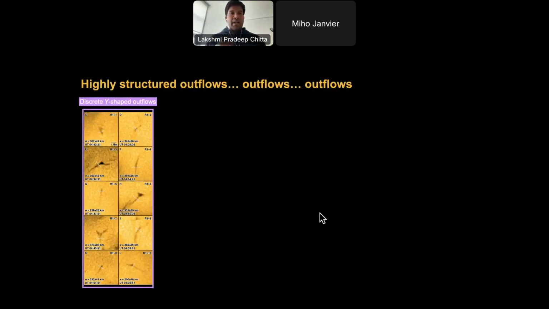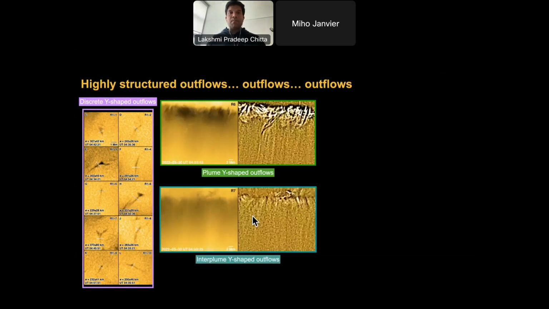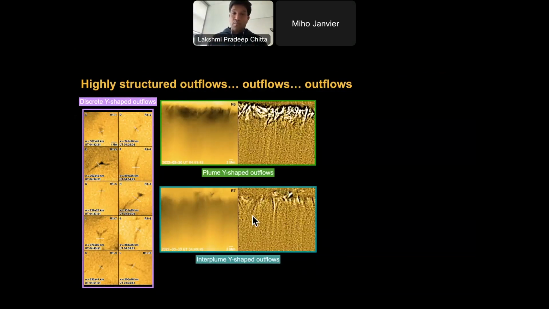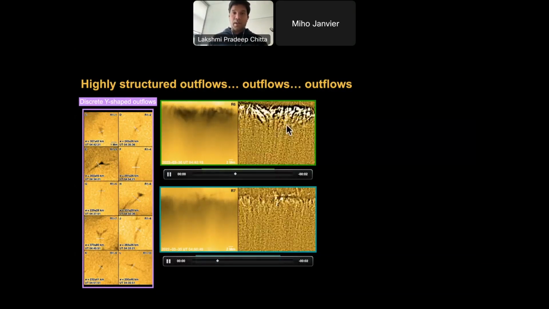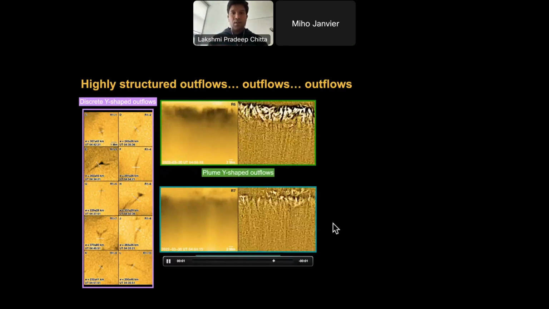And there are multiple flavors of these outflows. Some of them have very discrete Y-shaped structures like this, and some of them originate from some brighter regions or plume type structures in the corona, and some of them originate from very dark interplume type structures in the corona.